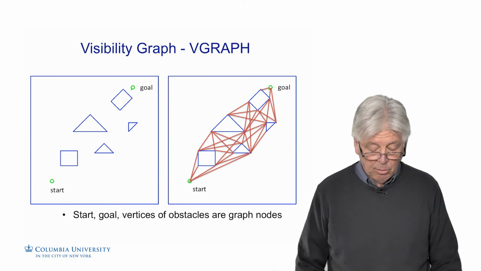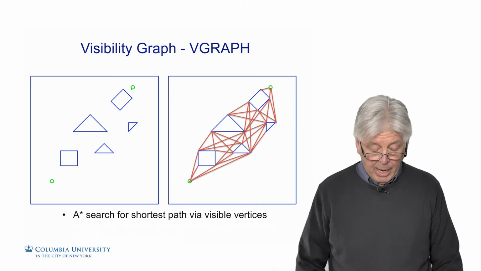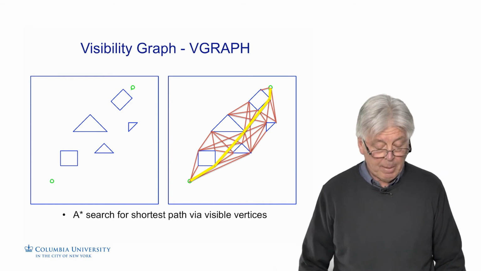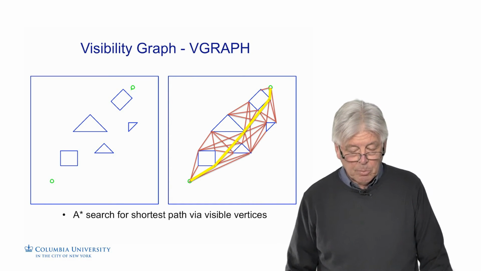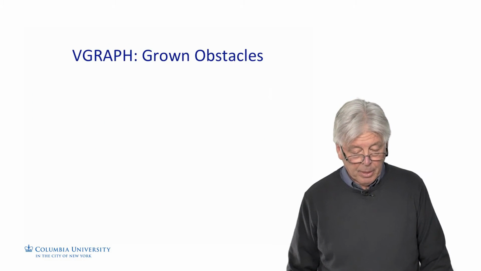So the start and goal are vertices of the graph nodes along with the obstacle vertices, and the edges are the visible connections between nodes, including obstacle edges. And again, A-star search can be used to find the shortest path via the visible vertices. And here we can just see what A-star gives us. So now we found the shortest path. So it's a fairly simple idea, and it's provably optimal in 2D that this is the shortest path.